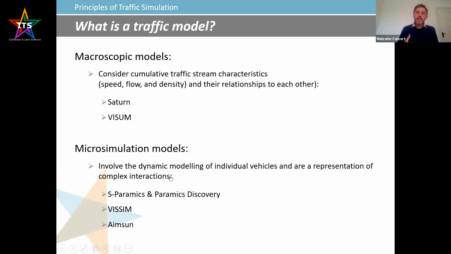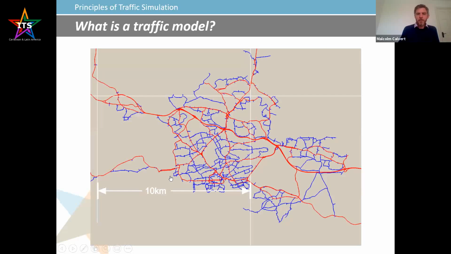It's been developing over the last 20 years or so in these different products, which are now quite mature and able to model such a variety of different cases. So we're going to be looking a little bit more at microsimulation models as we go further in the presentation.